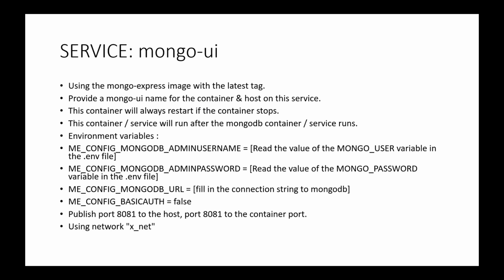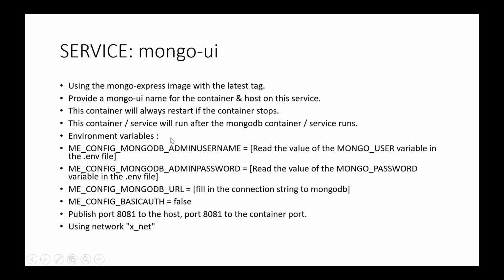For the Mongo UI service, we are using the Mongo Express image with the latest tag. Mongo UI is the name of the container, also the host in the service. This container will always restart if the container stops. This container will run after the MongoDB container or service runs.